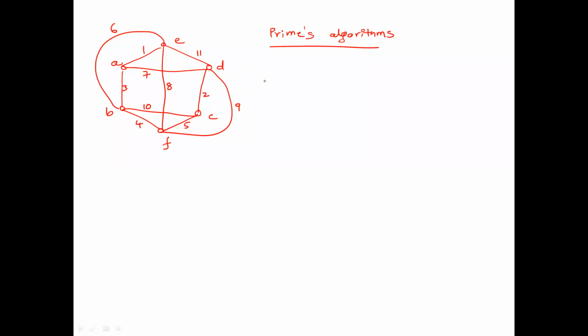So let us see how Prim's algorithm works. Here also step 1 is the same. Step 1 is you write the vertices, take the vertices as it is.